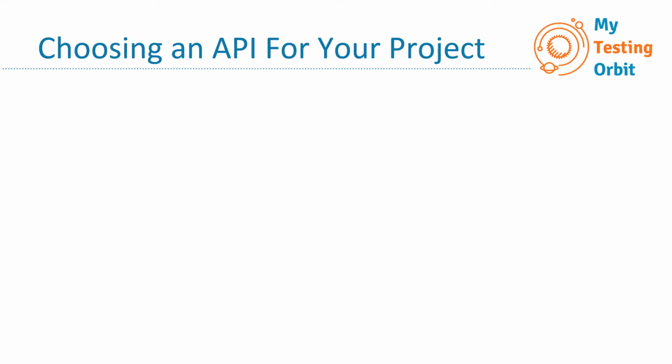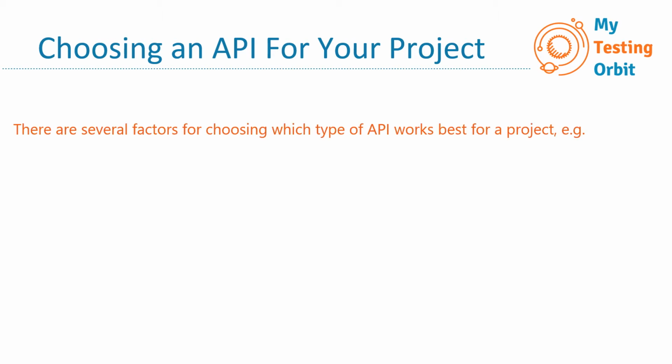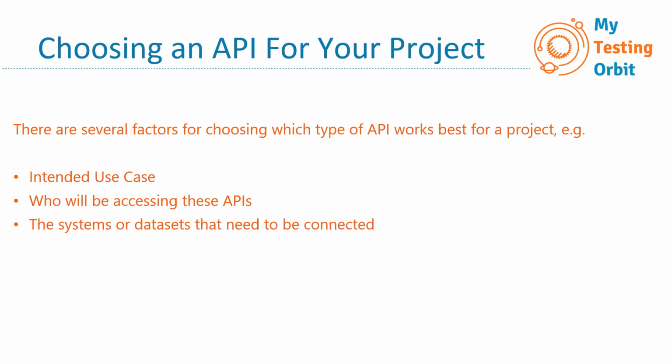When you are working on a project, it's important to understand which type of APIs will work best for you, and it's based on several factors. In order to achieve effective API performance, it's critical to identify the optimal type of API for your business. A few of the examples we will discuss are their intended use case, who will be accessing these APIs, and the systems or datasets that need to be connected.